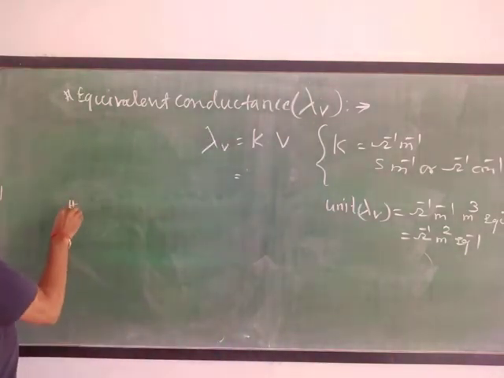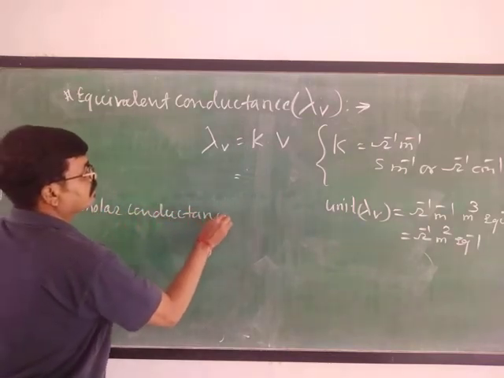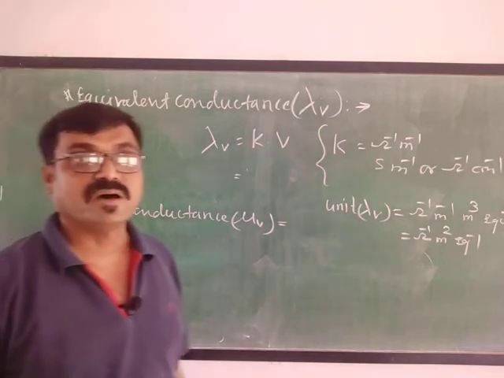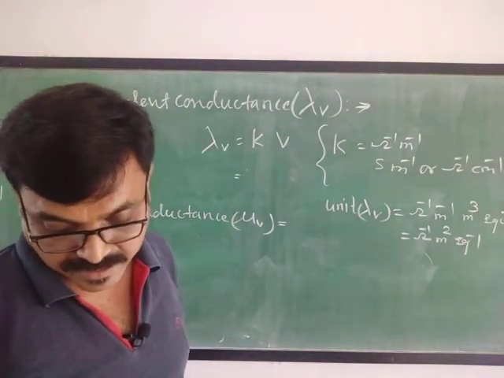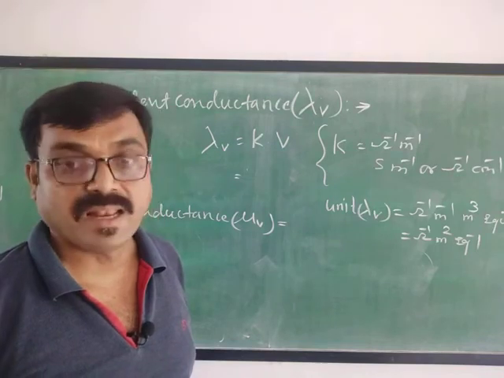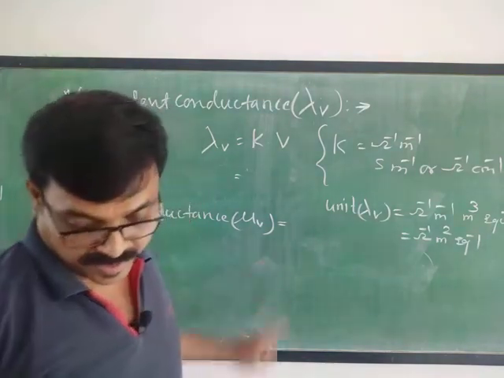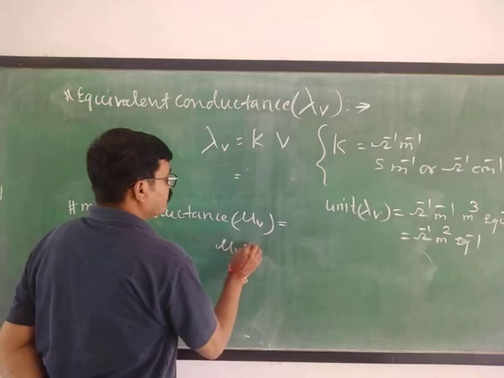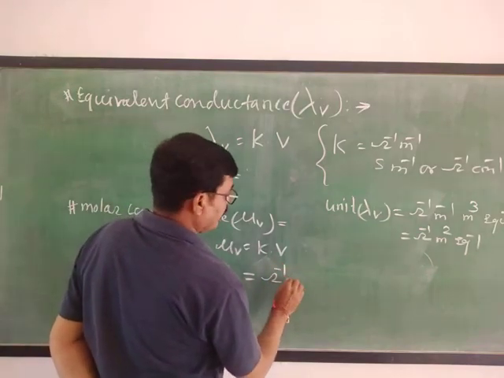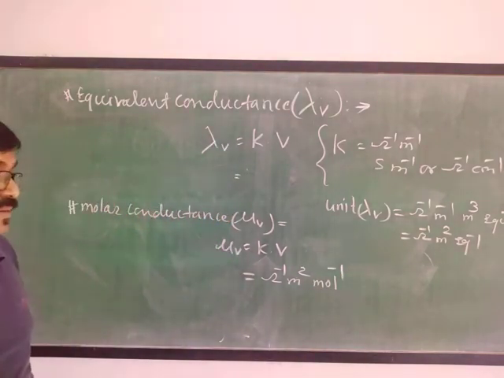Now the next term is molar conductance, that is mu V. This mu V is the conductance of a solution containing 1 mole of an electrolyte placed between two parallel plates of electrodes which are 1 meter apart, and it is denoted by letter mu V, and again mu V equals kappa into V. Again the unit is ohm inverse meter square, but instead of per equivalent it becomes per mole.